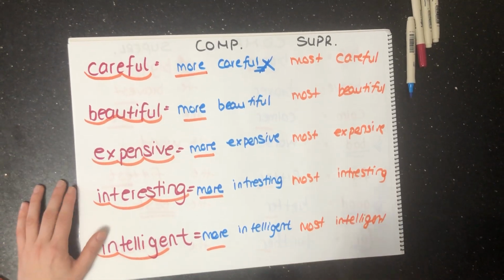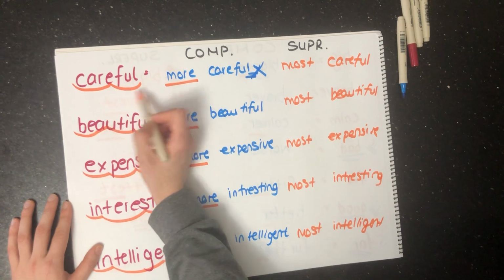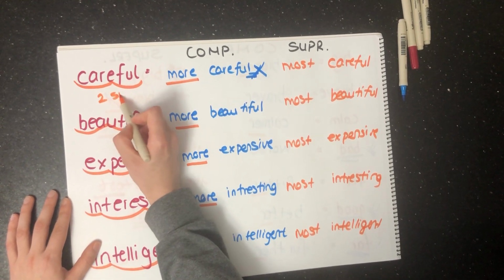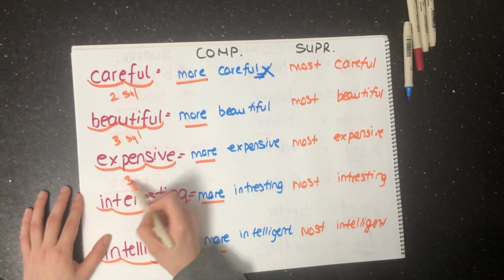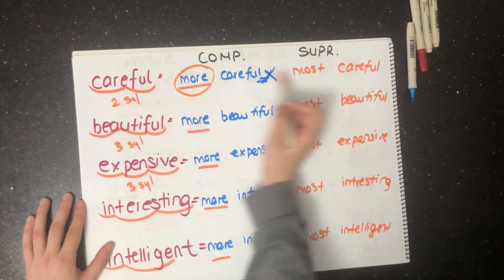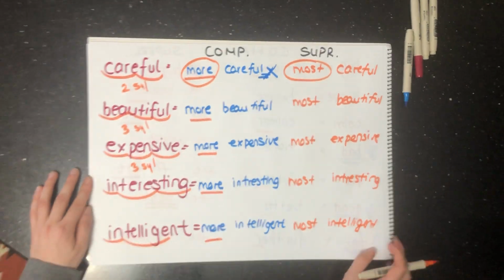Okay, you got it? So friends, if it's more than 2 syllables, careful, 2 syllables, beautiful, 3 syllables, expensive, 3 syllables, we use more and most. Okay, do not forget this.